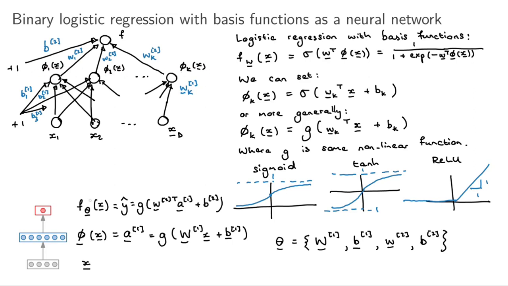You can also represent it in vector form like this, and this makes it convenient because now we can really see all the parameters that we're going to have to set with our negative log likelihood loss function. So all the parameters are: a W1 matrix, the bias vector for the first hidden layer, and then for the output a W2 vector and this bias 2 scalar that we need to fit.